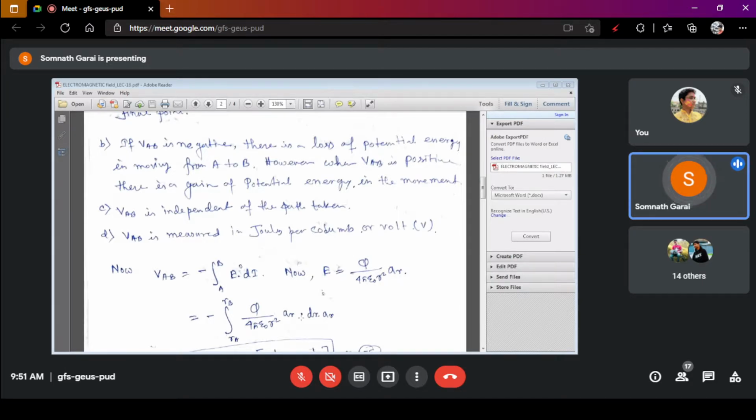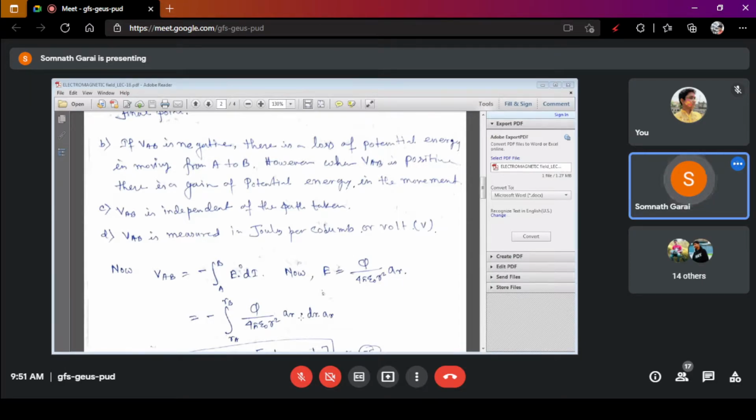That means you can move along any path from A to B, but there is no relation between the path taken and VAB. If A is one point and B is another point, and the vector locations of points A and B are different in 3 cases or 4 cases, the potential energy is independent of the path taken.